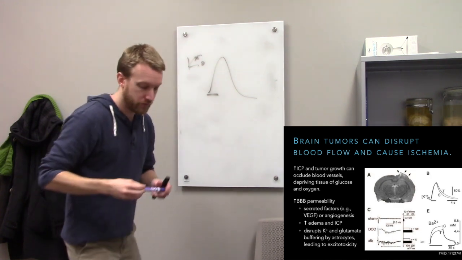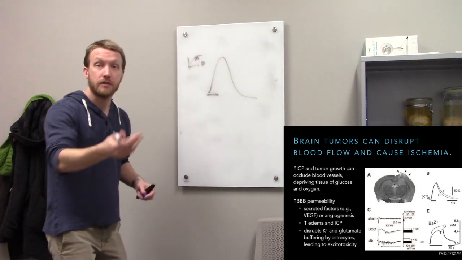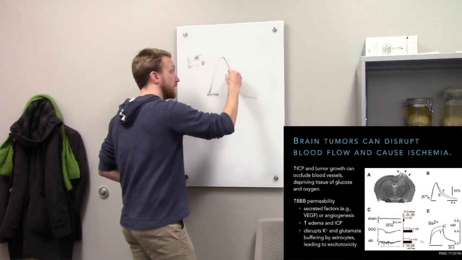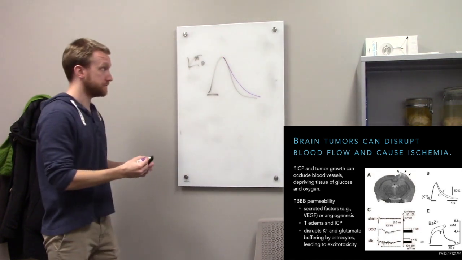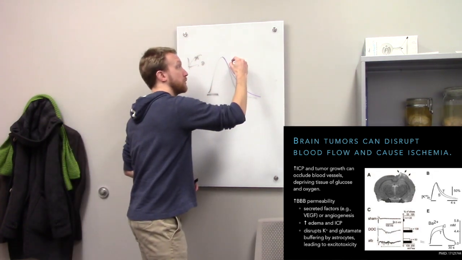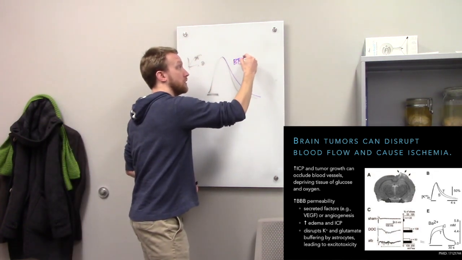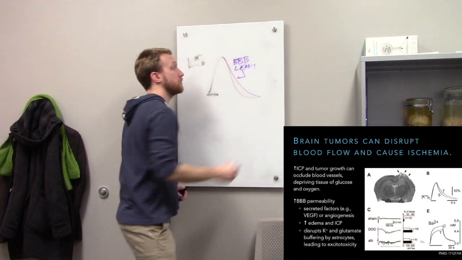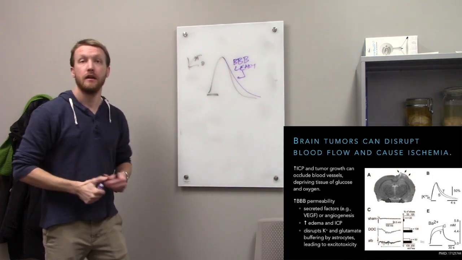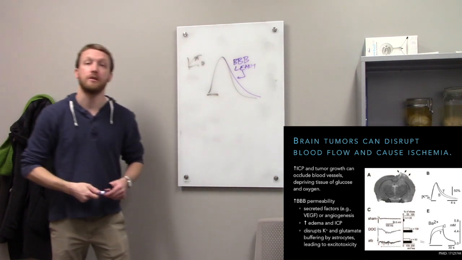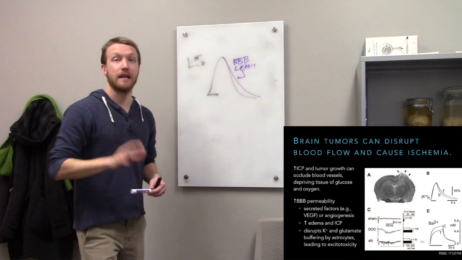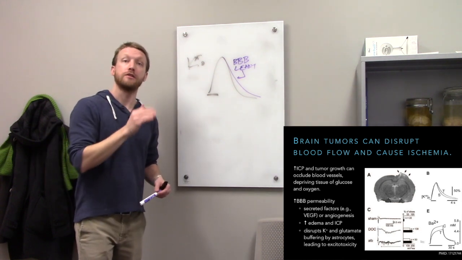Now that's normal. Whenever they inject with albumin though, you still get the buildup, but the decay is slowed, as you can see. So whenever we have our leaky blood-brain barrier, we have impaired potassium uptake. That's what those data are showing us in Part B, and what that leads to is epileptiform activity. That's what we see in Part C.